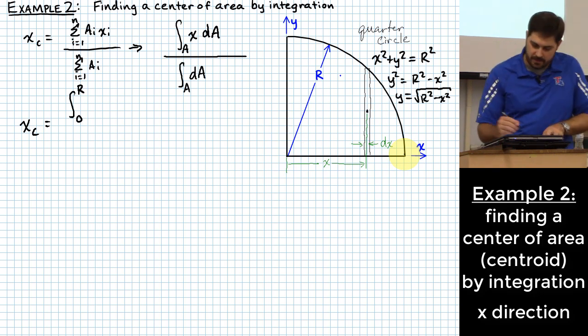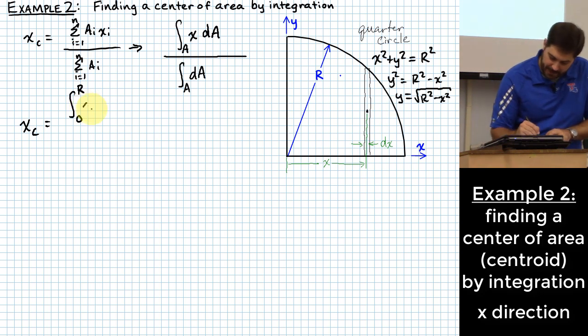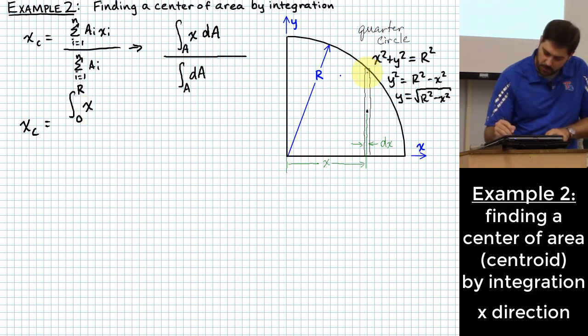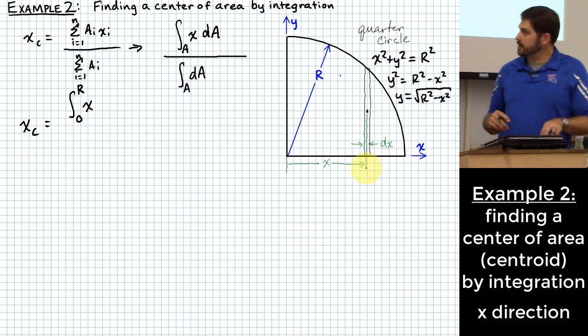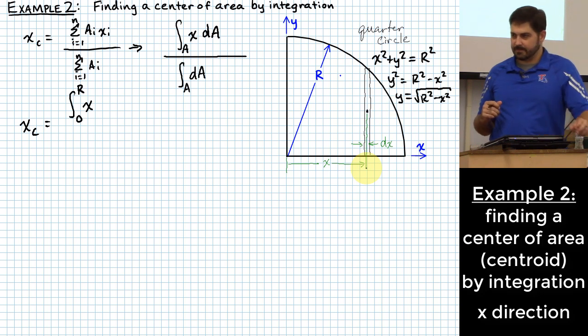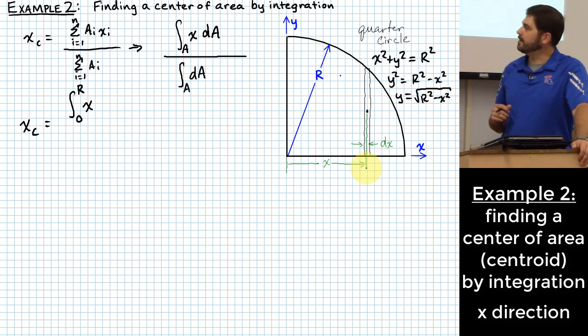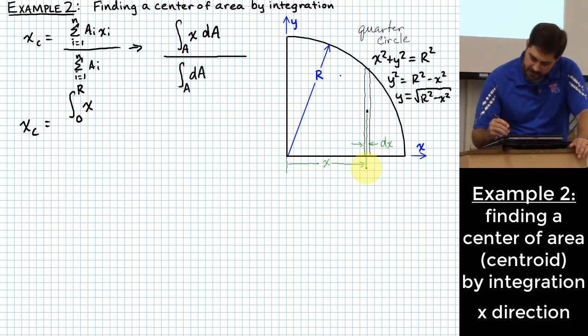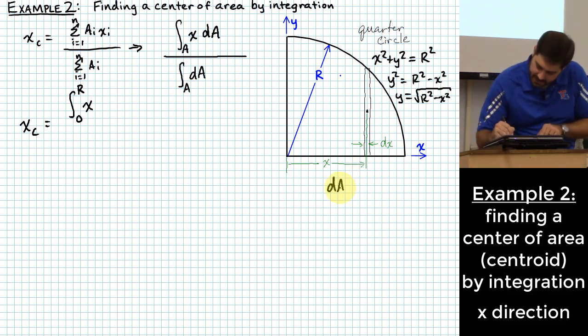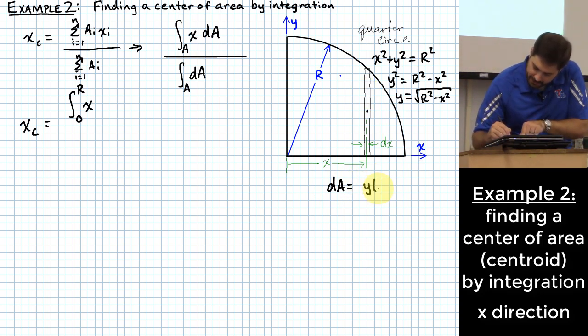And x, we just pull that over. We already said the x coordinate of this little rectangle is just x. But the tricky part is, what is dA? dx times the height of this thing. So actually, dA is going to be equal to dx times y of x.